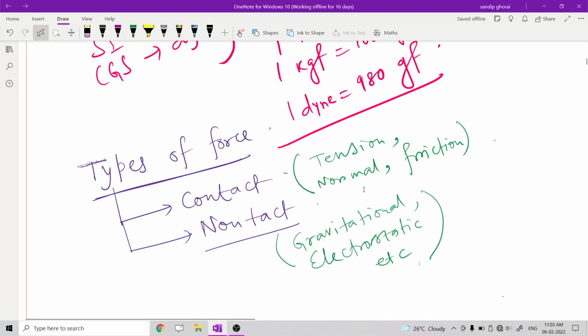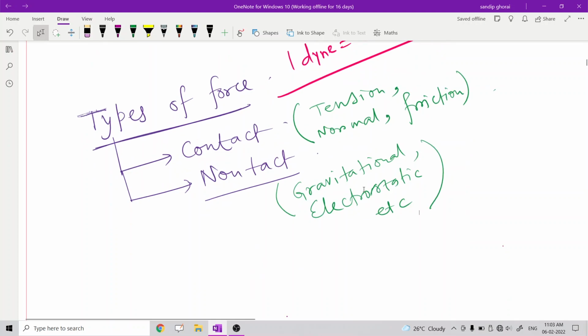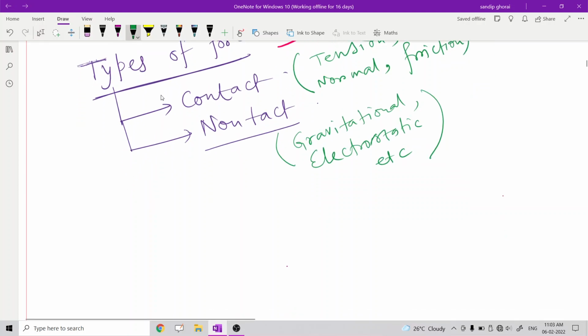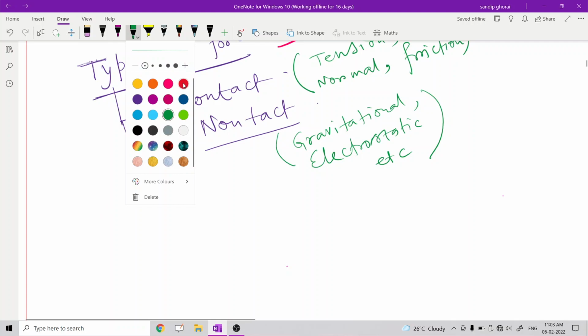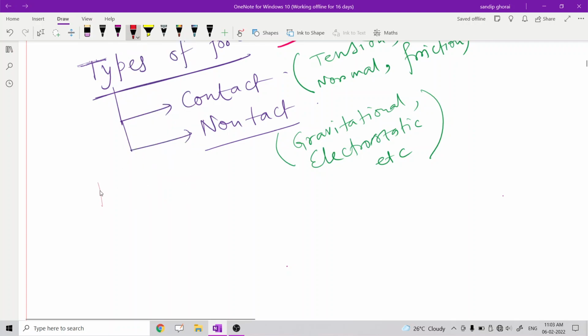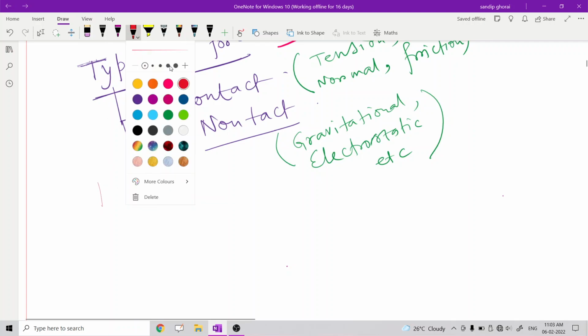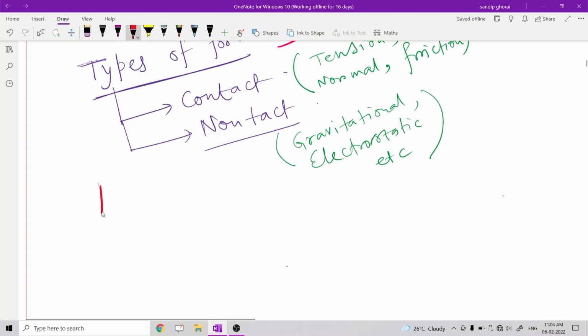Now we move to our next topic, that is contact force. First of all we discuss friction force. What do you mean by friction force?